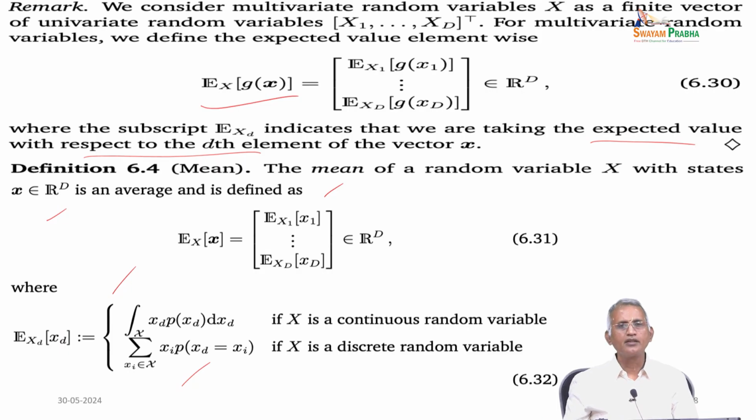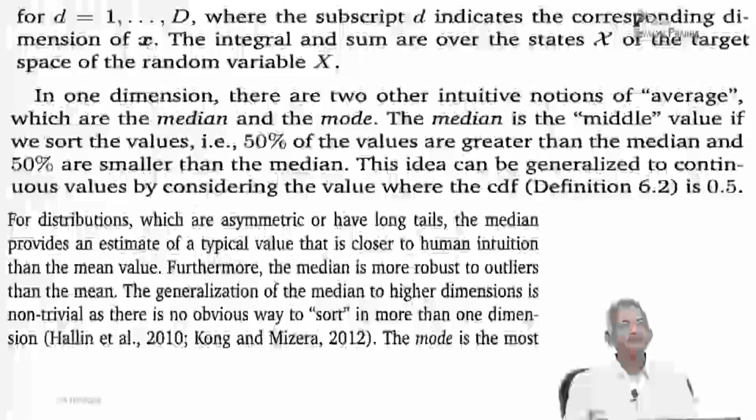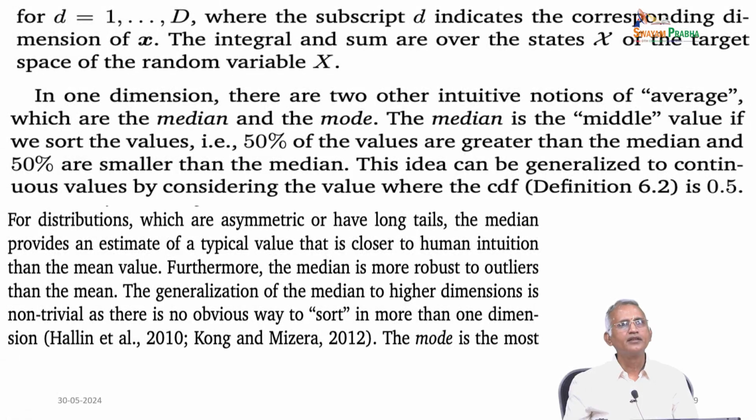So, there are two cases which arise for the expectation, for d equal to 1 to D, where the subscript d indicates the corresponding dimension of x, and the integral and sum are over the target space of the random variable X.